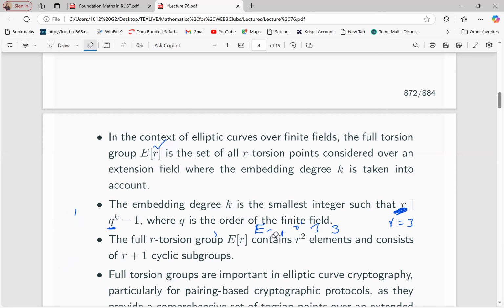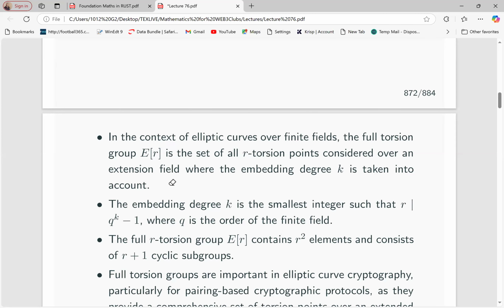Now, r is the divisor of the order of the group. If the group has 9 points, the order of that group is 9, and r is an integer that divides that order.